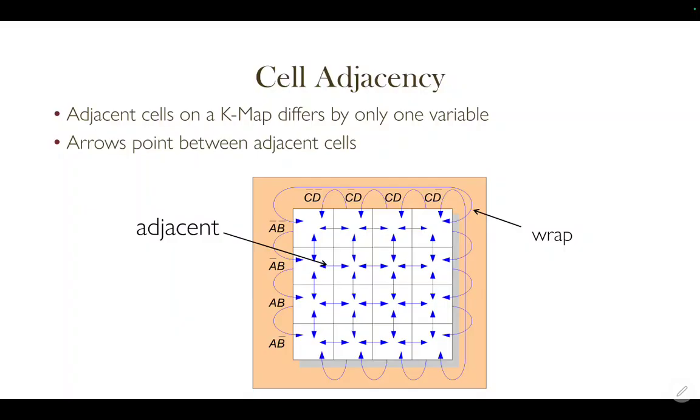So this is example for 4 times 4. This one is 4 variables, so you got 16 cells. It's measured from number 0 until number 15. 4 times 4 cell.